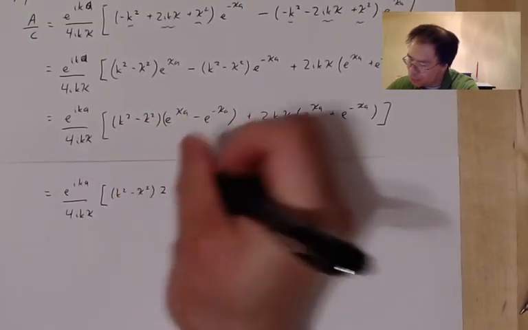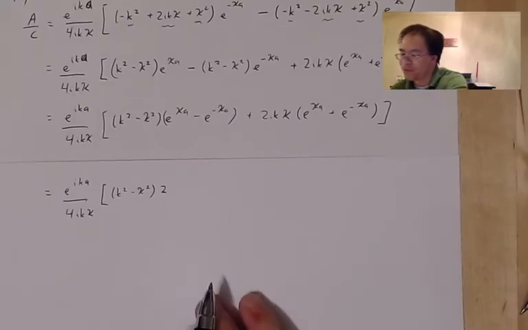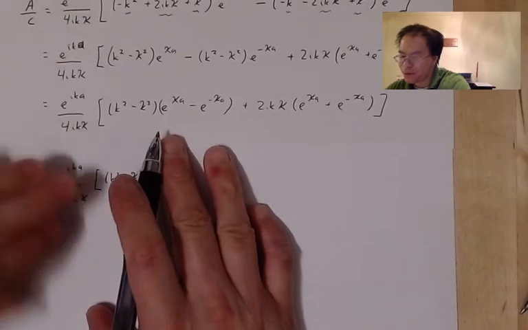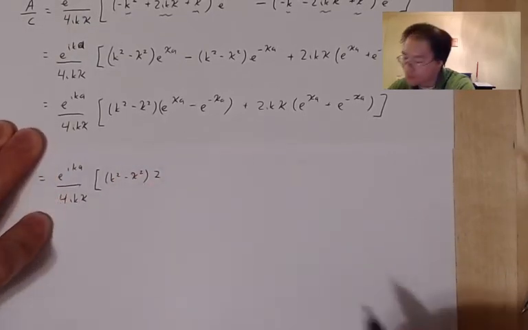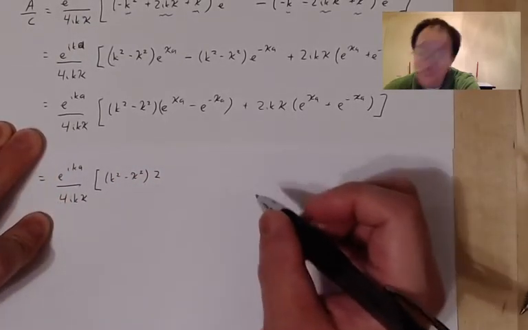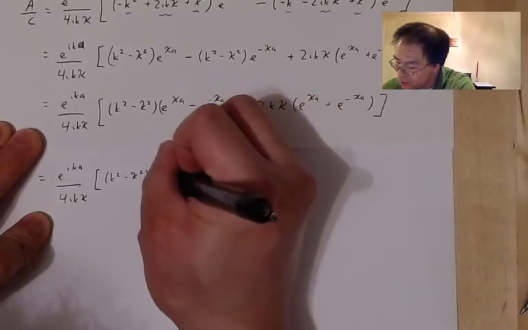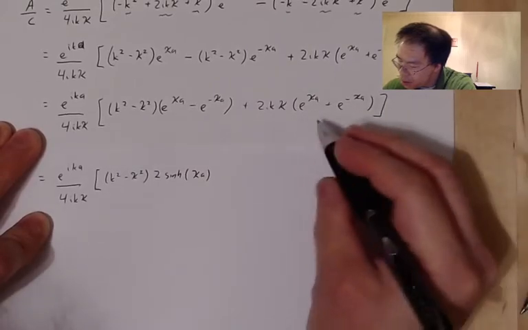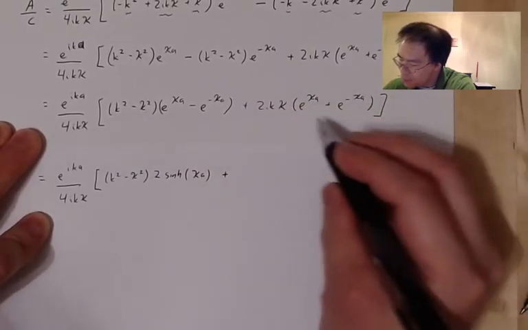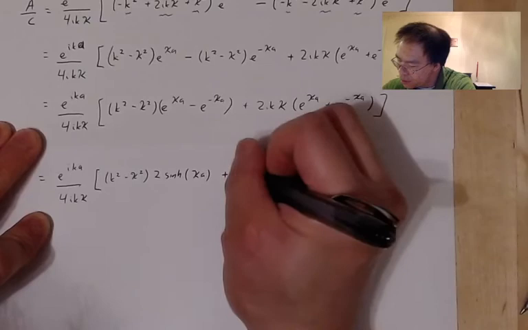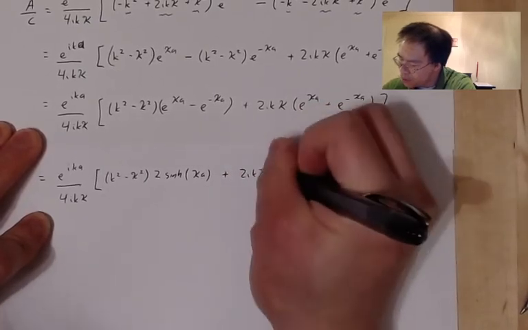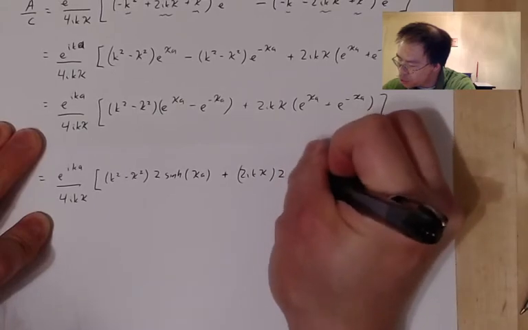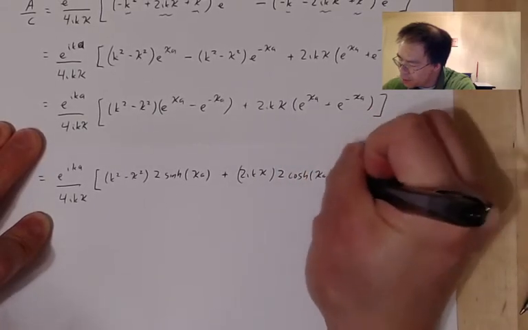We have now 2 from the definition of sinh, 2 sinh kappa a. And then we have here 2ik kappa times 2 cosh kappa a.